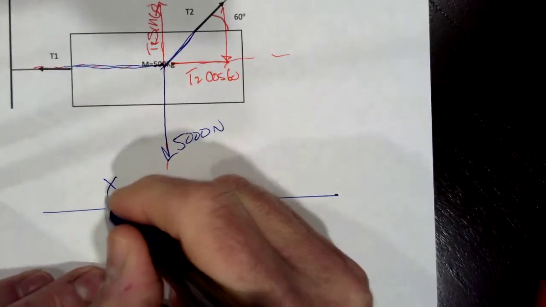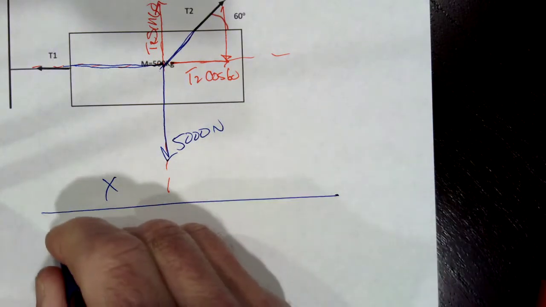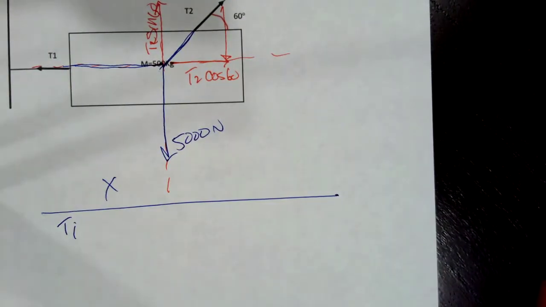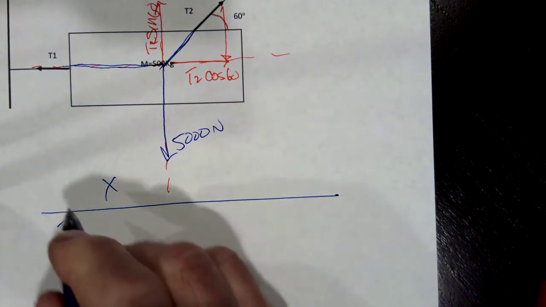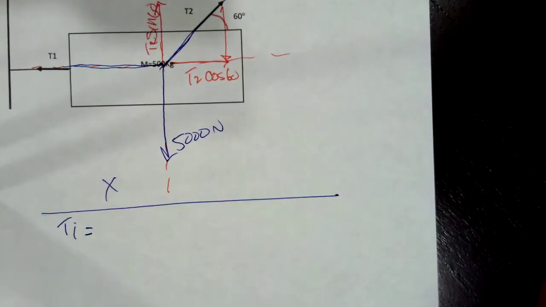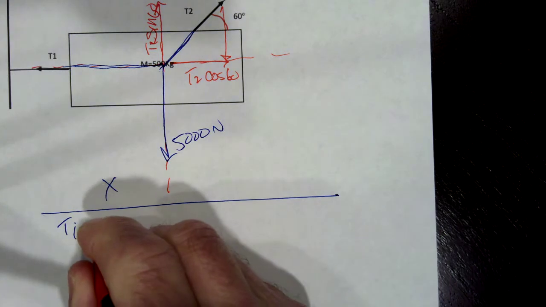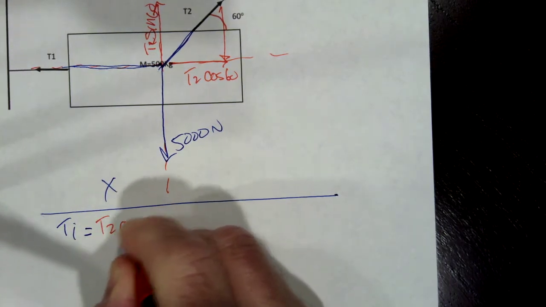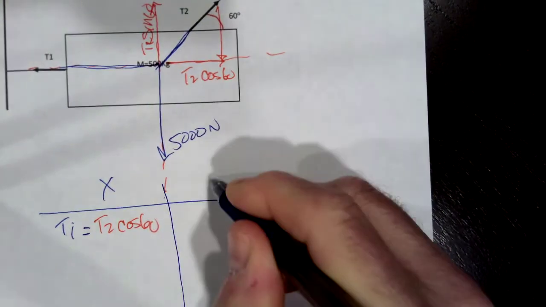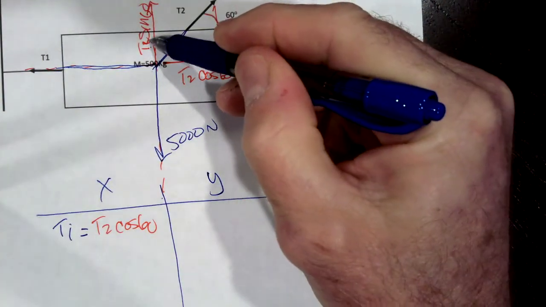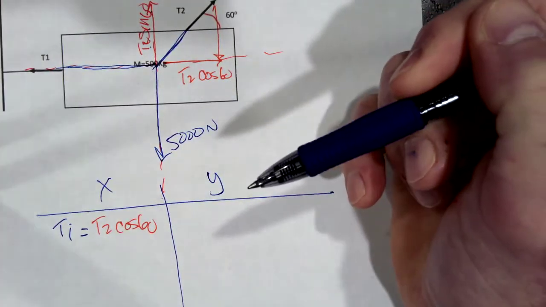All right, my X, I've got T1 pulling to the left. Remember, this is a static equilibrium problem. It's not moving. So whatever's pulling left is pulling right. Whatever's pulling up has to be pulling down. So T1 has to balance T2 cos 60. And then in my y-axis, you've got T2 sine 60 balancing 5,000.